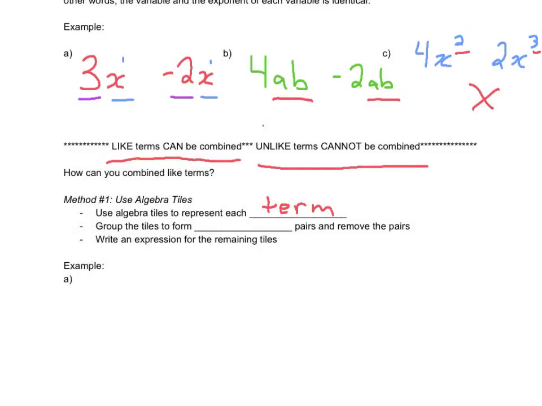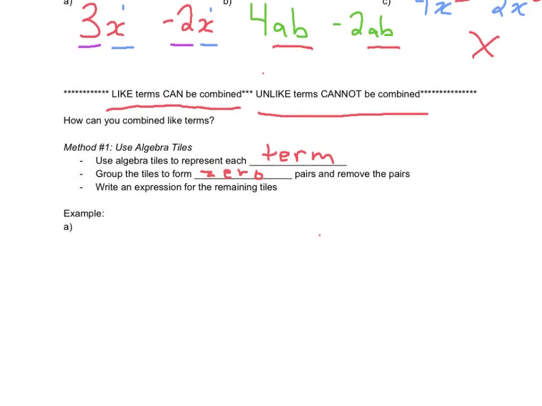Hopefully you're familiar with what the different shapes represent, and when they're shaded in or not shaded in, being positive and negative. Make sure that you review that if you're unsure. You're going to group the tiles to form what we call 0 pairs, and I'll show you examples of this. Once you have 0 pairs, then you are able to remove them. For anything that stays at the end, the remaining tiles, you can then write an expression.